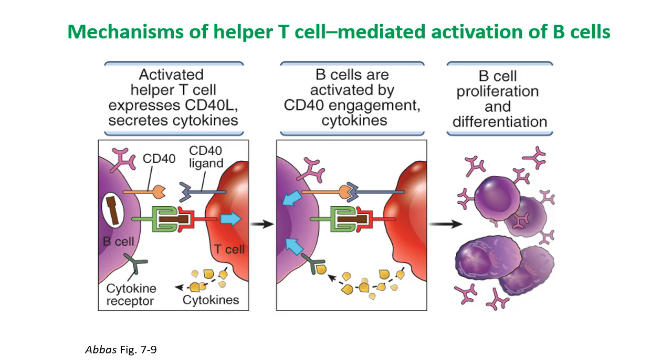IgM is this guy over here. But unless it gets a signal from the T cell through this interaction, unless the T cell tells the B cell to do class switching of those antibodies, the B cell is going to keep on producing IgM. It's not going to produce any of the other isotypes of antibodies.